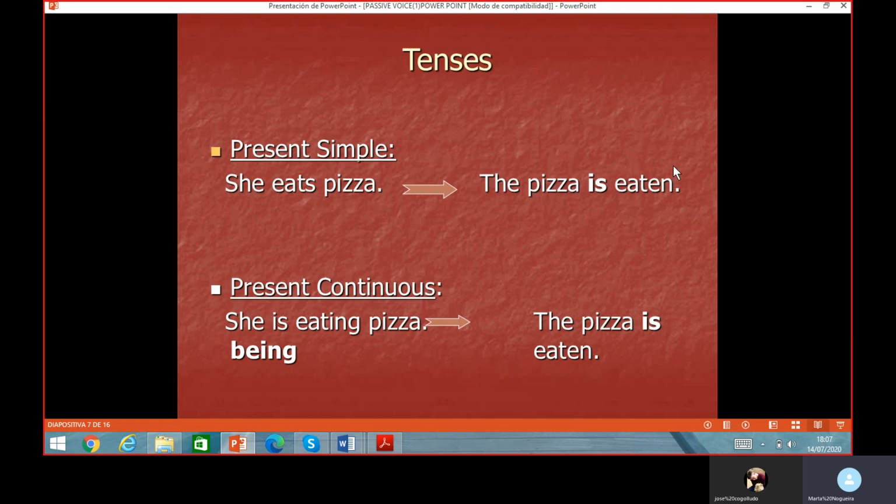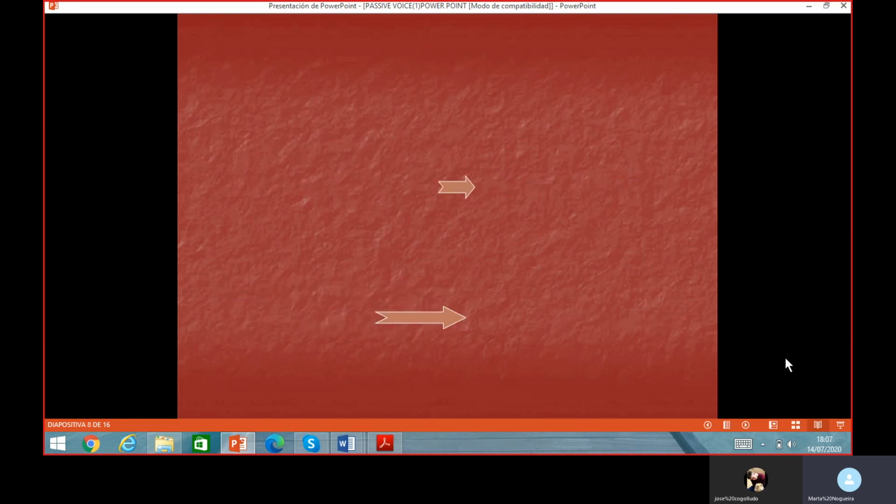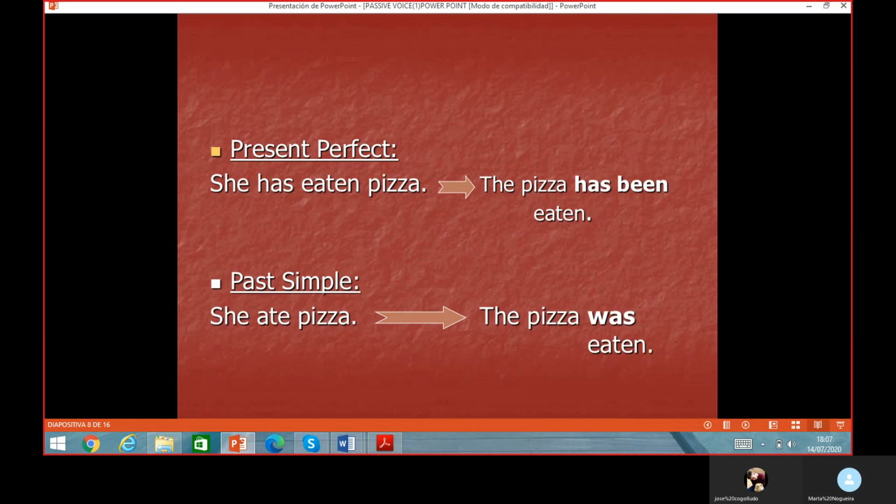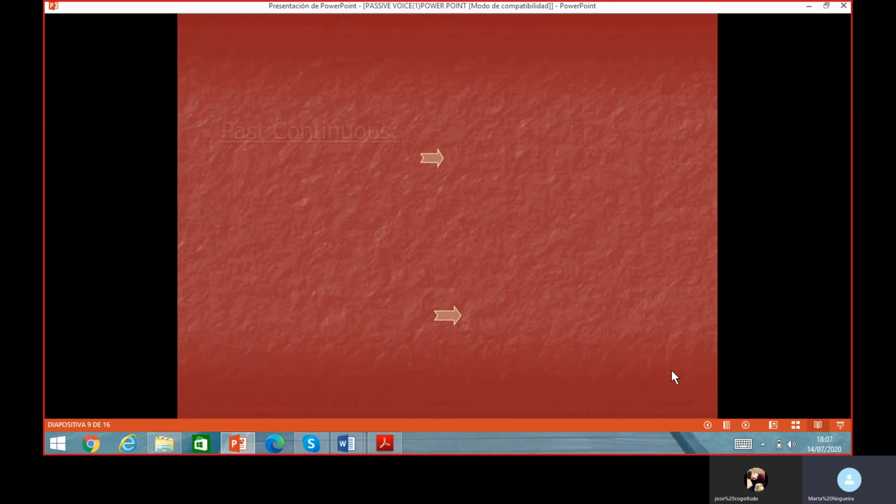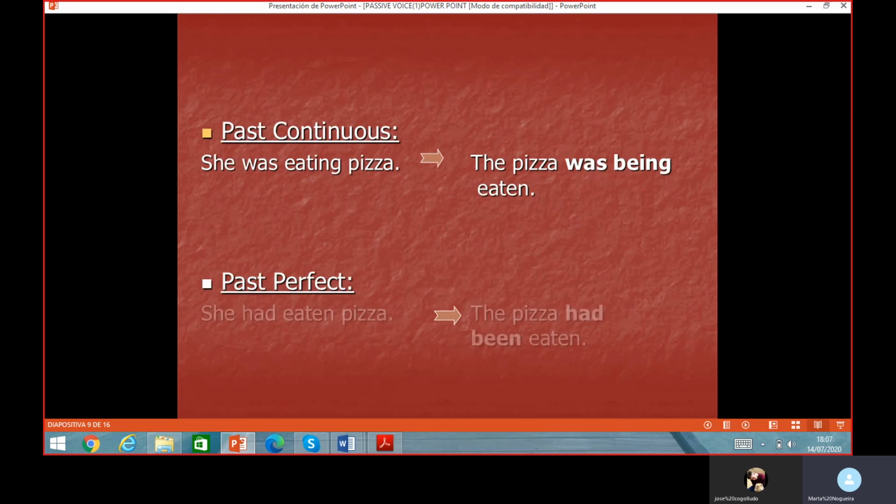In this case, we have present simple, so the present simple of the verb to be here is being, is the present continuous of the verb to be. For example, in the present perfect, we put the present perfect of the verb to be, and then the participle; the past simple of the verb to be, and then the participle. So it is all the time the same.